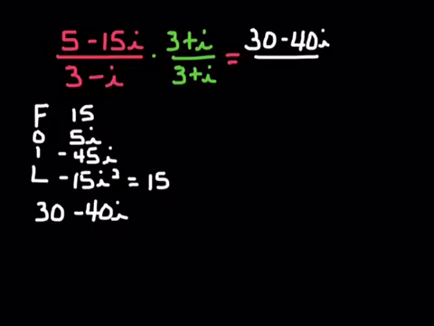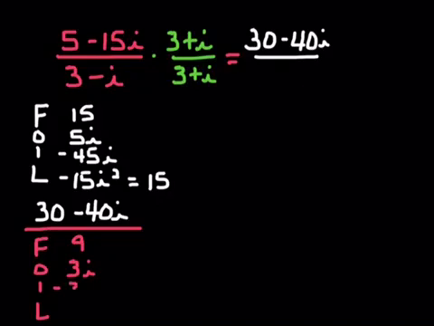The denominator, FOILed out, is going to get rid of the i. If you remember, multiplying by the conjugate will remove the i. 3 times 3 is 9. 3 times i, 3i. 3 times negative i, negative 3i. Those are going to equal 0 in a moment.